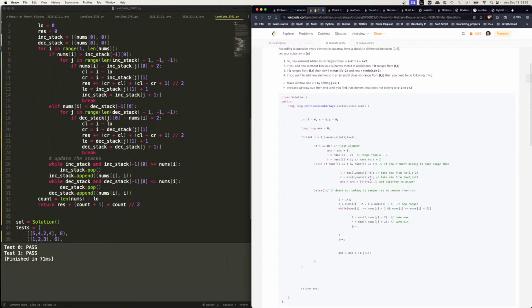That's good. That is true. You can think of this as the total number of subarrays ending, not starting, ending at nums I. So every time we add it, we compute. It's a good one.